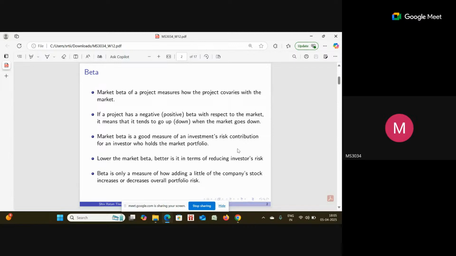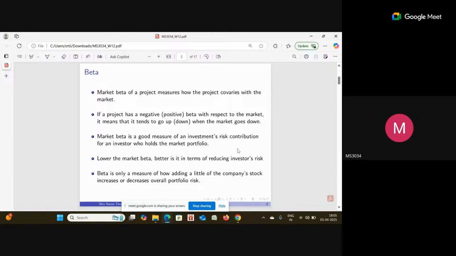So first we understood the concept of beta, which is a measure of how a particular asset or an investment opportunity, or we call it a project, these are different names for the things in which you are thinking of investing.